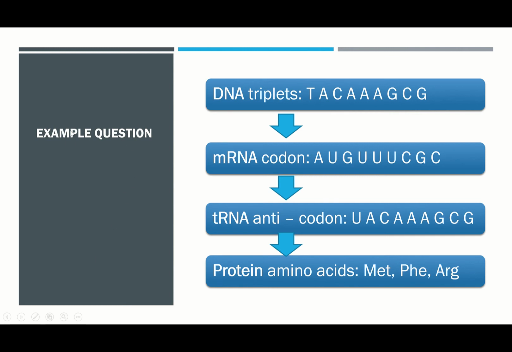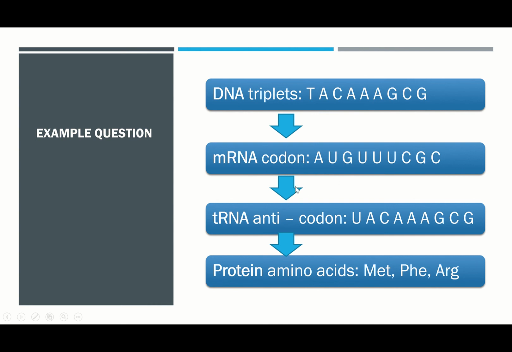Now imagine that we start with the DNA, and the DNA triplets in this strand are TAC, AAA, GCG. Now, what an mRNA will produce from this coding strand is AUG, CGC, because mRNA has uracil instead of thymine.